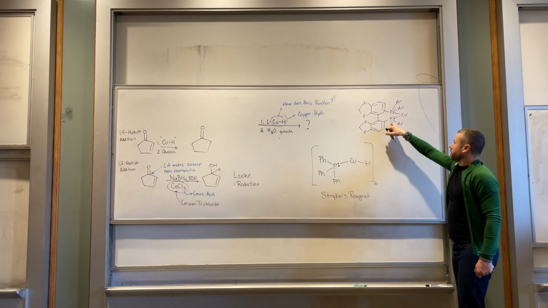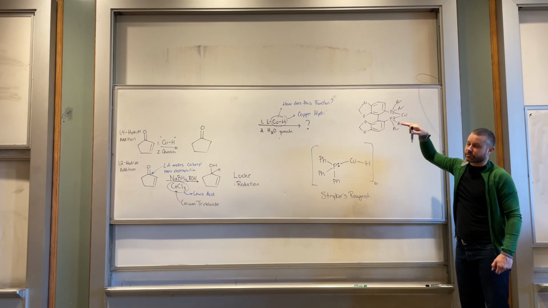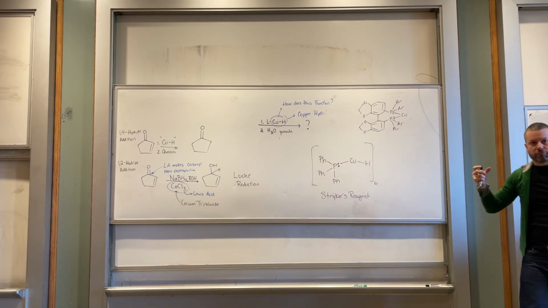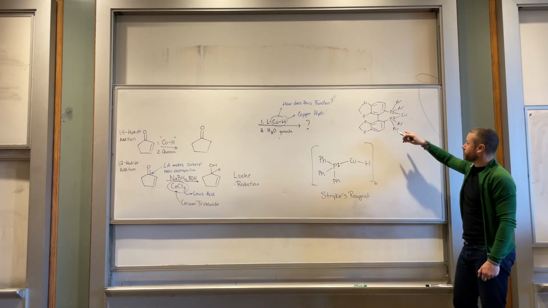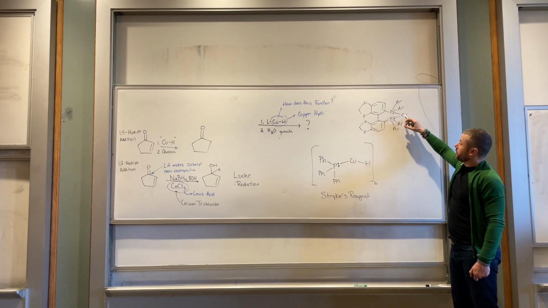Right, so it's a diphosphine ligand. There are two phosphorus atoms. Phosphorus is right below nitrogen, so it's got that really nucleophilic lone pair that can also stick to metals.